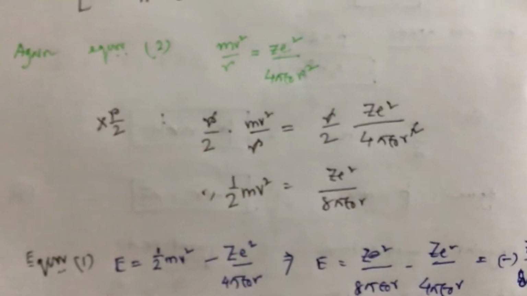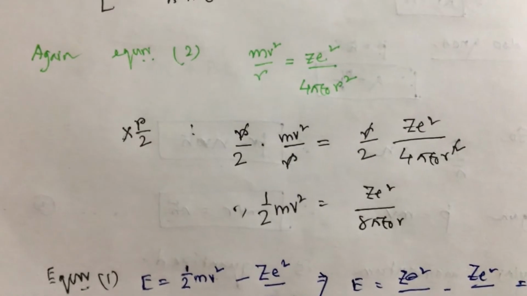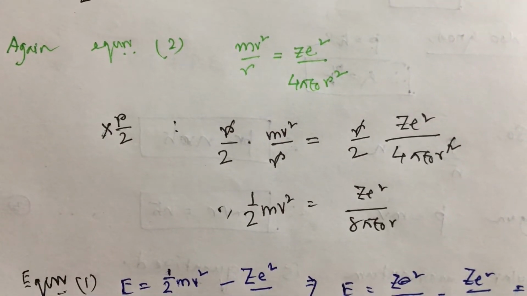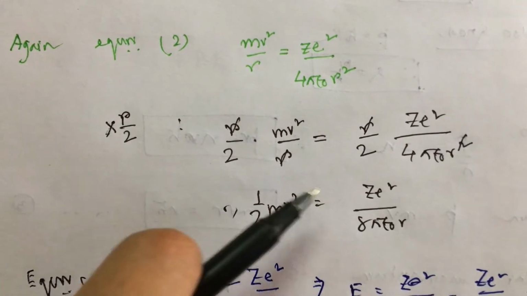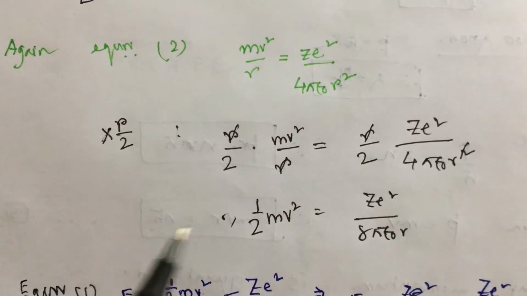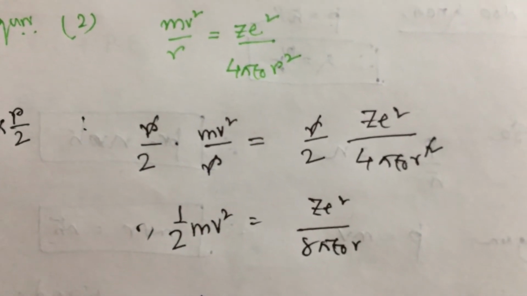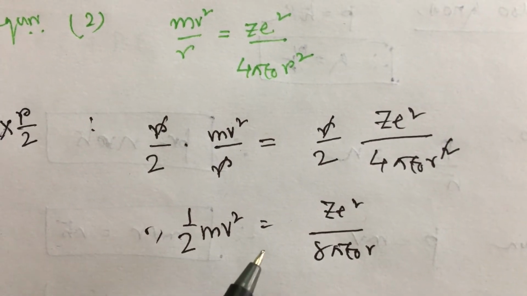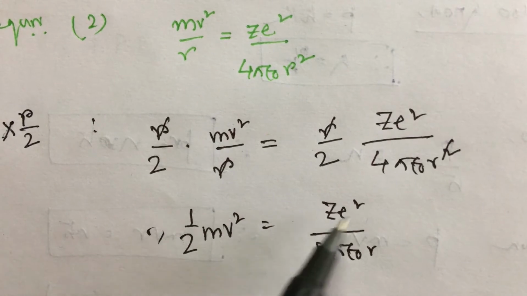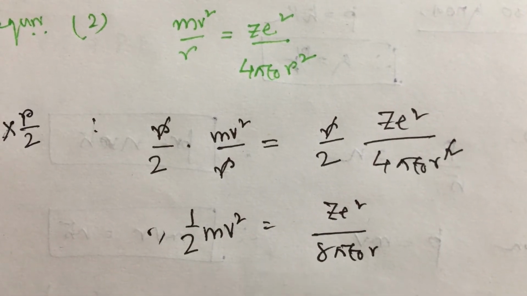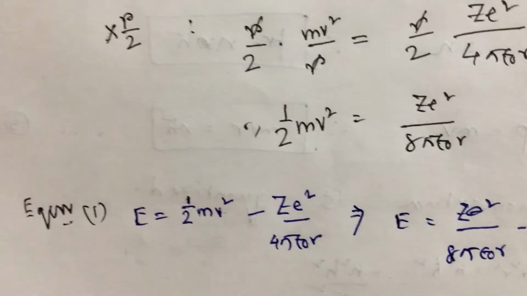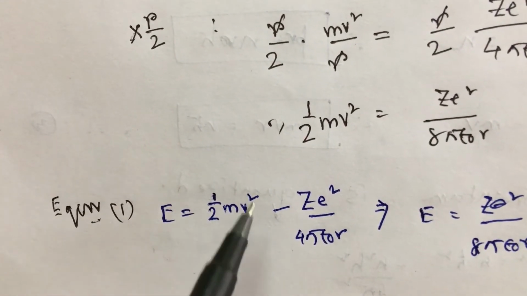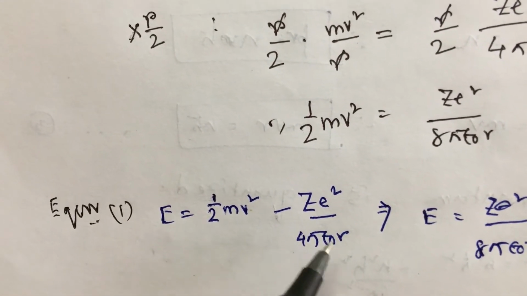Again I am using equation 2, which is mv square by r equal to z e square by 4 pi epsilon 0 r square. I am multiplying this equation 2 by r by 2. What I got is the expression of the kinetic energy, which is half mv square. We got half mv square equal to z e square by 8 pi epsilon 0 r. Now I also have from equation 1 that total energy is equal to kinetic energy plus potential energy.